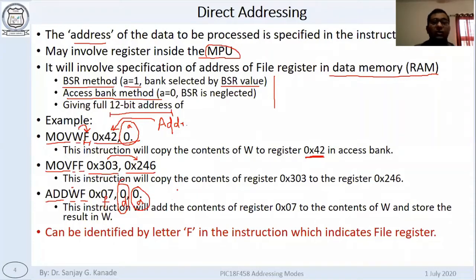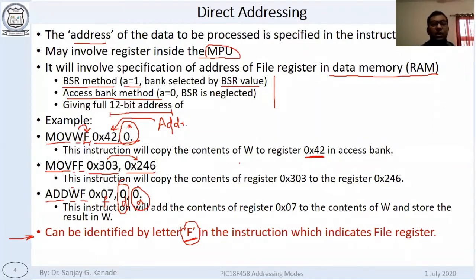So the bottom line again of this type of addressing is how to identify it. You can see the letter F is generally involved in the instruction, for example here: MOVWF, MOVFF, ADDWF.